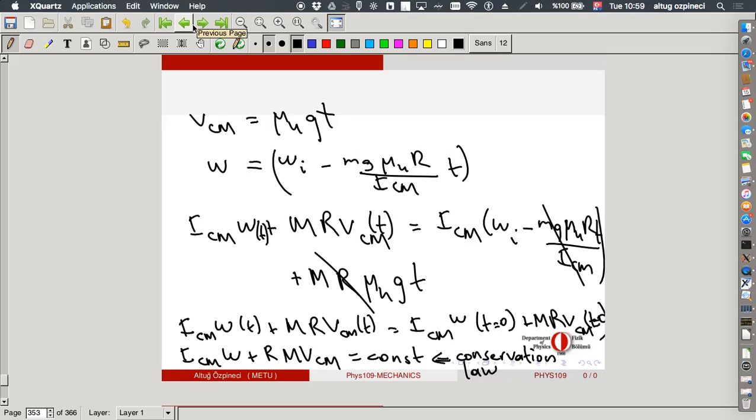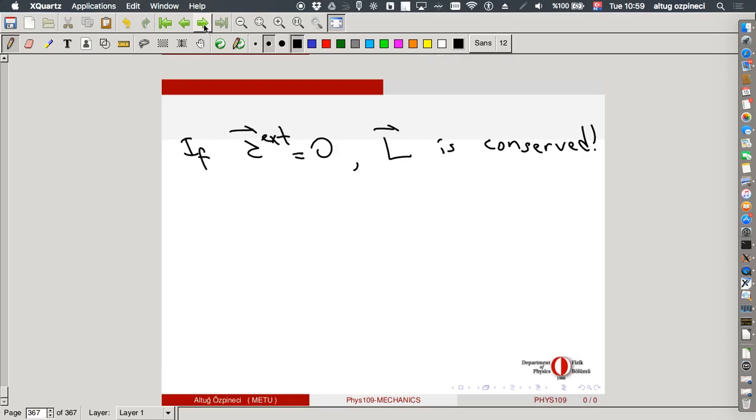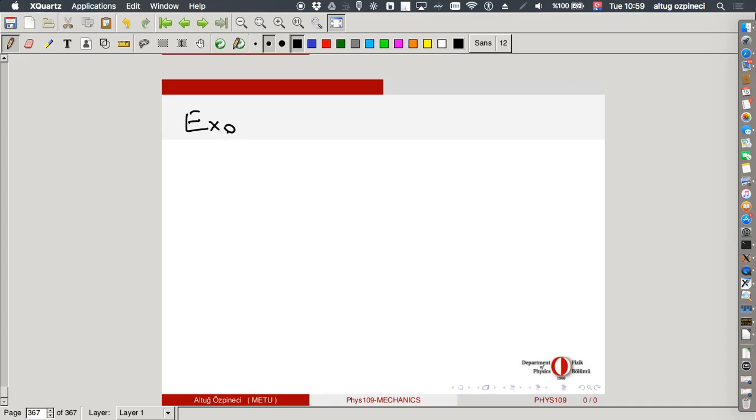So this is nothing but the total angular momentum of the yo-yo, which was conserved. Now let's do some examples. No, sorry, that wasn't the example of the yo-yo, that was the rolling ball.